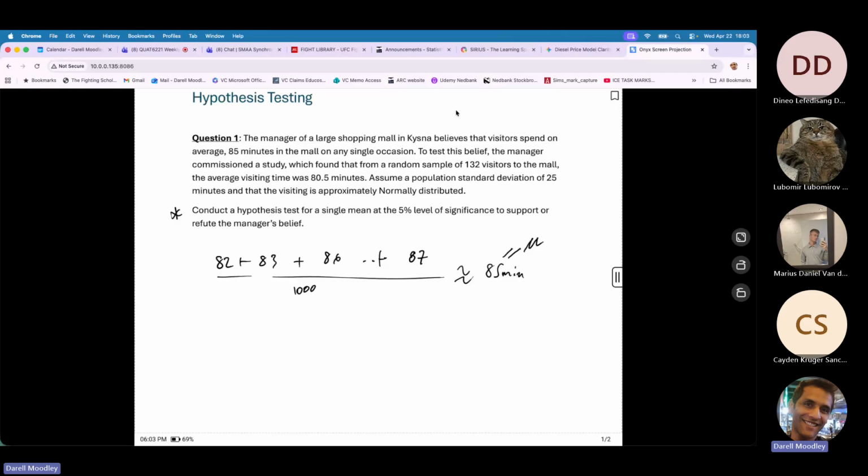So you go there on a Saturday and you find maybe, the average that you walk out is 86. Someone else goes to the mall on a Monday and they find the average to be about 80. So we're all going to get different measurements, right? But that doesn't mean that the manager's claim is false, because you expect some sort of noise and variation in the data, especially when you visit it on certain days.